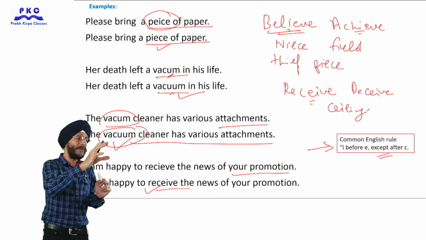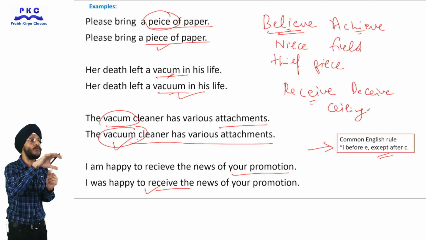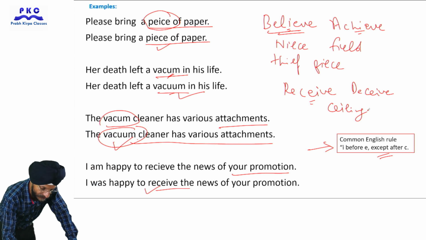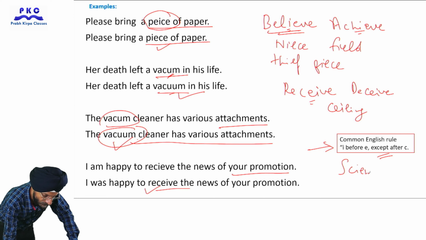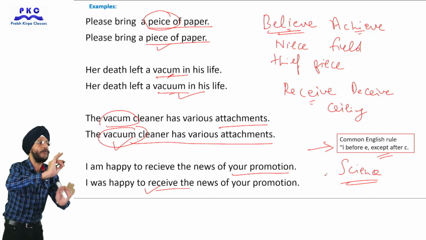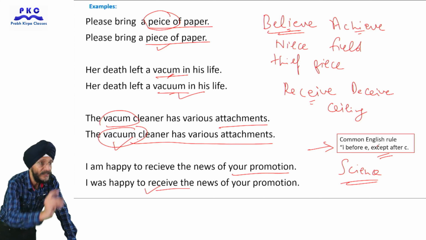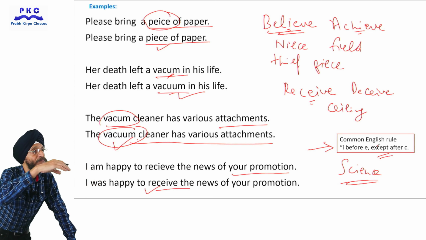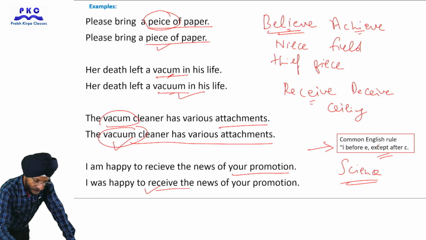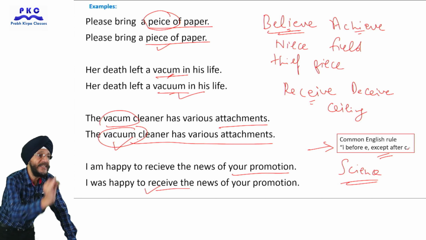We cannot apply it in each and every case. There may be some exceptions to this rule also, such as science. Here you will see that this word does not follow this common English rule. That is, this rule says that I should come first and E after that, but except after C, E will come first.